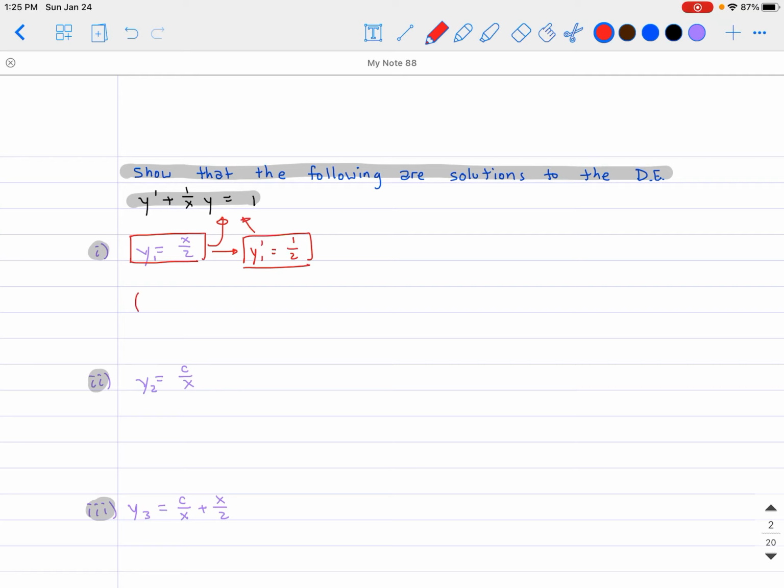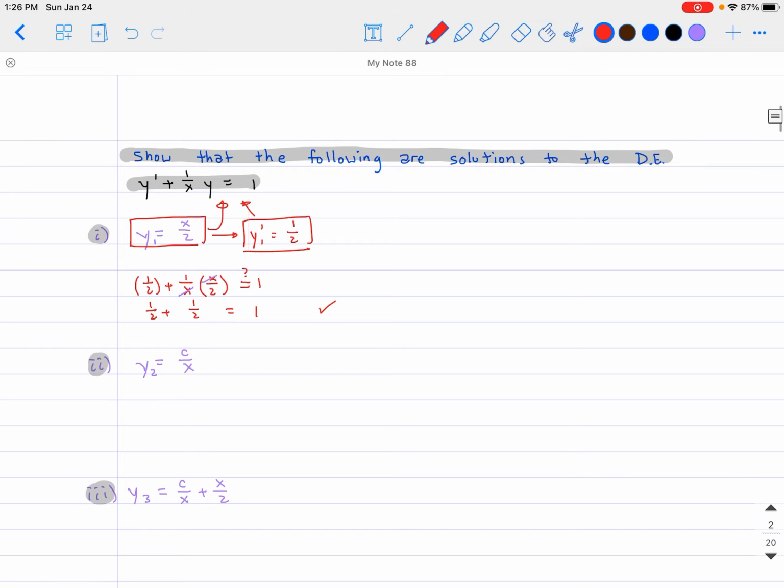So y prime, which is 1/2, plus 1 over x multiplied by y sub 1, the original equation, which is x over 2. And does that equal 1? If we clean up the math, you can see that should work out because the x's cancel out, and all I'm left with is 1/2 plus 1/2, which does equal 1. So that checks out.